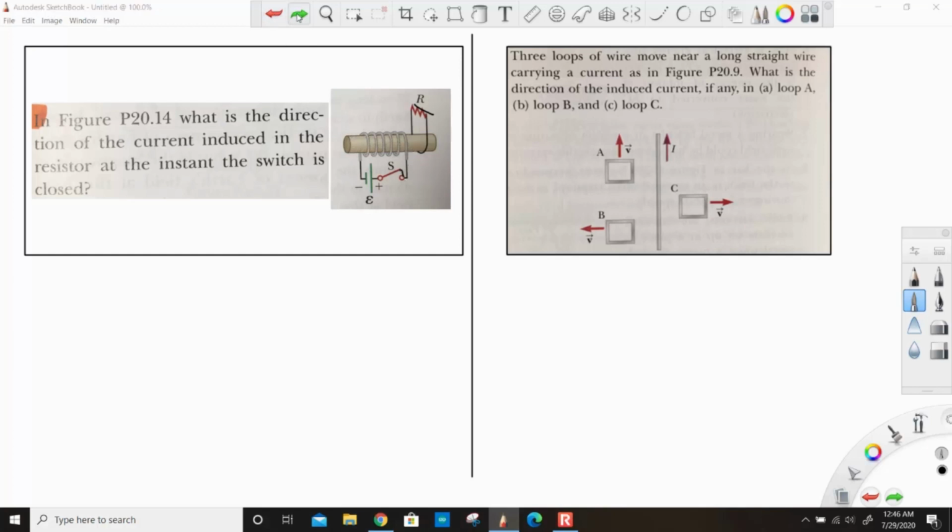So we'll go ahead and put thumb up, and fingers are going to be pointed around, right? And you could even point the fingers like that if you want, on the other side of the wire. So what that indicates is that behind the wire the field will be going to the left.